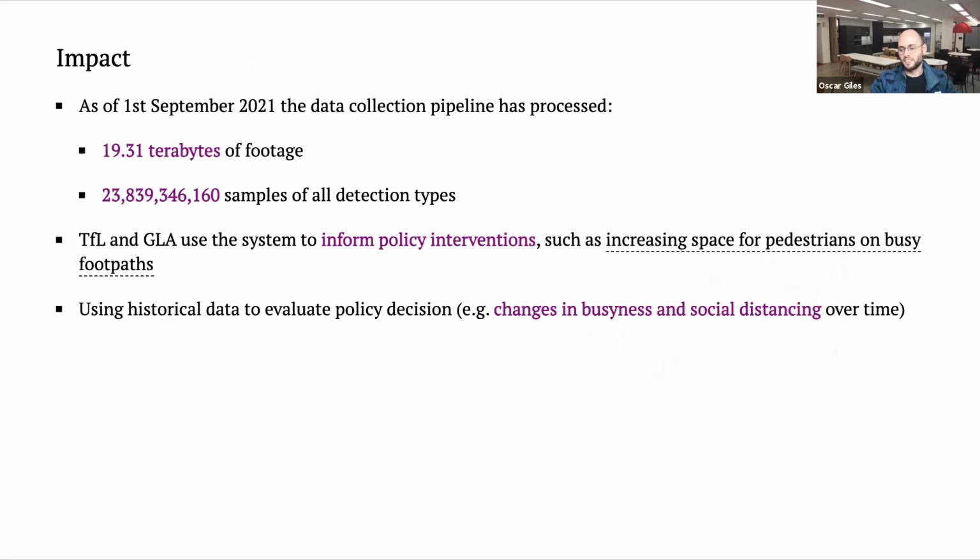And the team are currently writing a paper where they're using historical data to evaluate how busyness in different areas and social distancing changed during the start and end of different policy interventions, such as the Eat Out to Help Out scheme, and more micro interventions where roads were pedestrianized and road areas have been reconfigured.